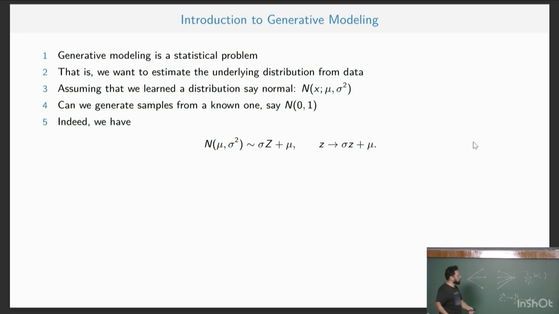This is a small example where I start from a simpler distribution, the standard normal, and transform it. This is my g map that transforms to the required distribution, a normal with mean mu and variance sigma squared. One can check that if z is standard normal, then sigma z plus mu has the PDF of a normal distribution with mu and sigma squared. It's a simple exercise.